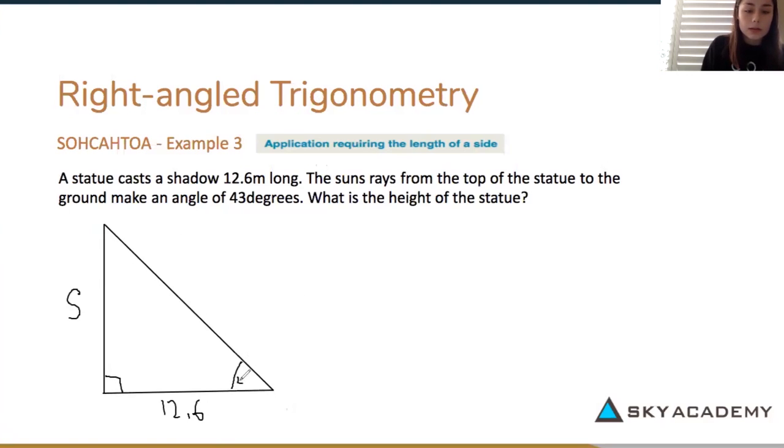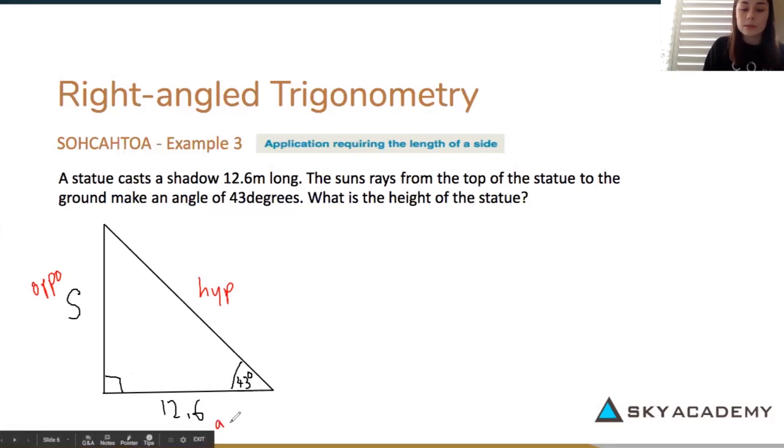Now I've got all the information on my triangle. I'm going to label each side. So I know the side opposite my right angle is going to be my hypotenuse. I know the side opposite my marked angle is going to be my opposite. And I know the leftover side without a label is going to be my adjacent.